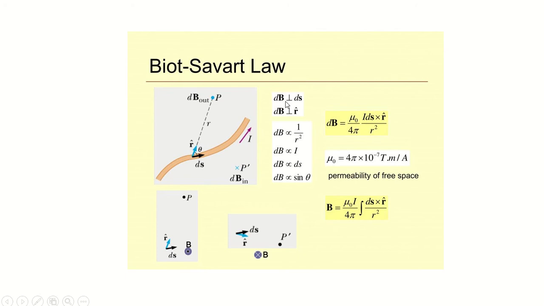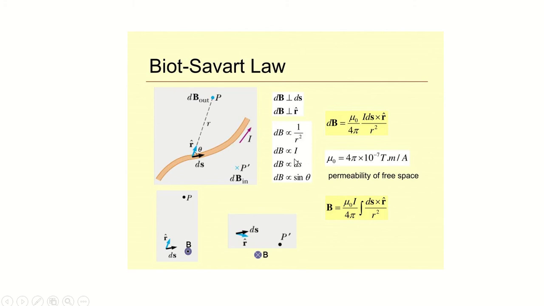dB is perpendicular to ds, and by the Biot-Savart law what we can say is that this magnetic field is proportional to 1 by r square, where r is the distance from the ds, the elementary length, to the point P. Again dB is proportional to I, the current through it.